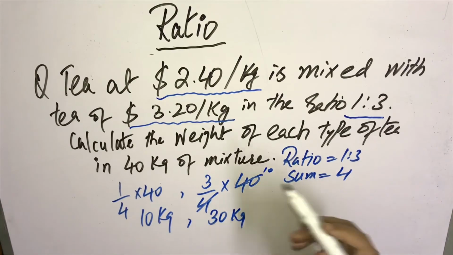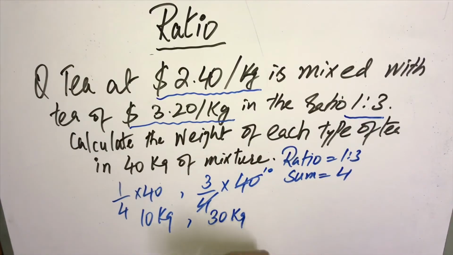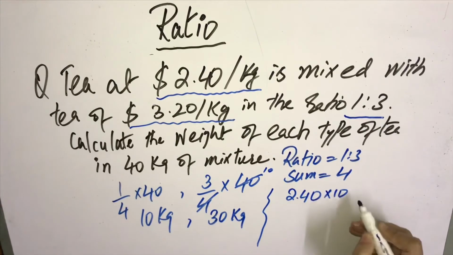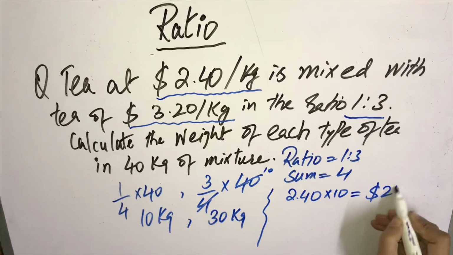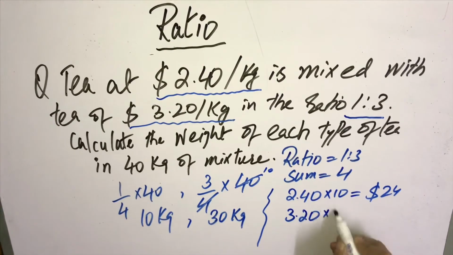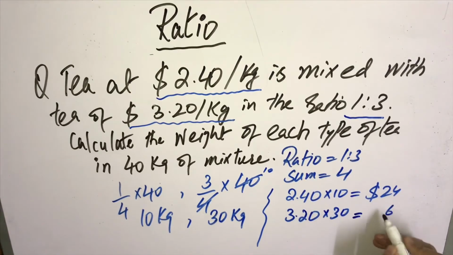If the first tea is $2.40 per kg, then the 10 kg of first type of tea will be 2.40 multiplied by 10, that is $24. And the second type of tea in the mixture will be 30 kg at the price of $3.20 per kg, which is $96.